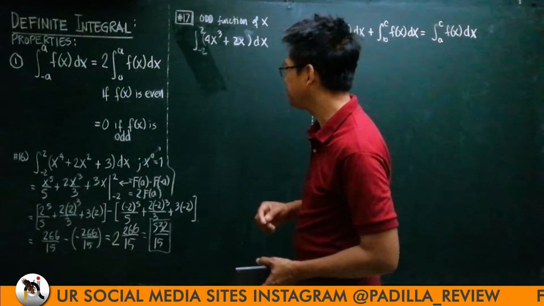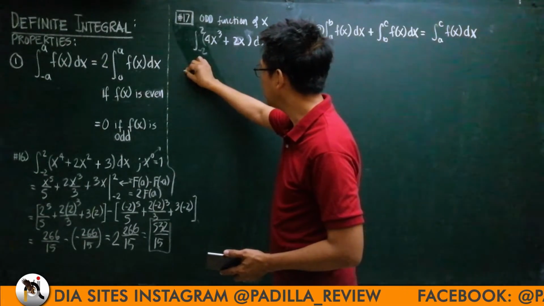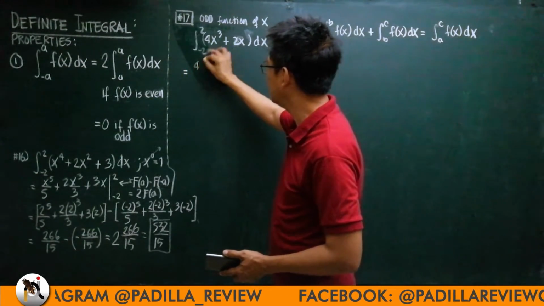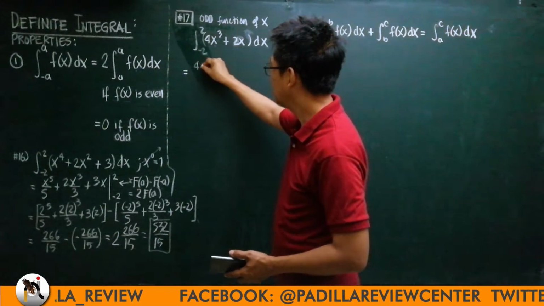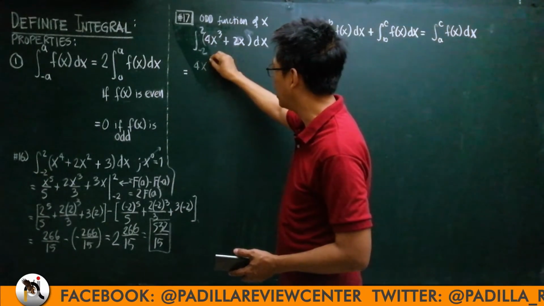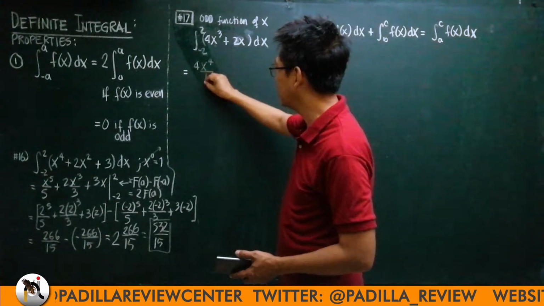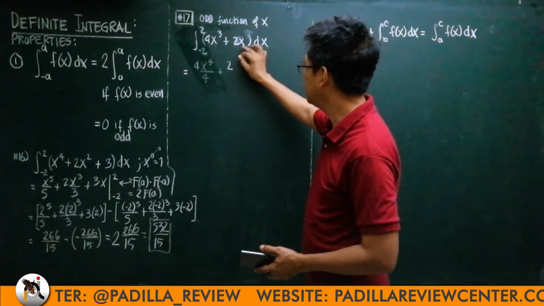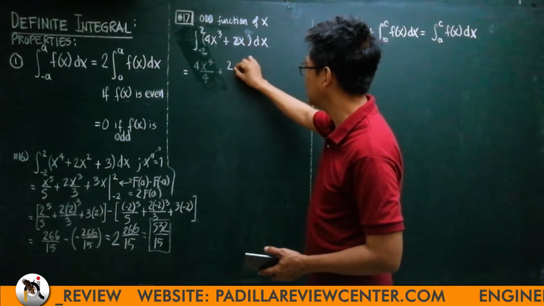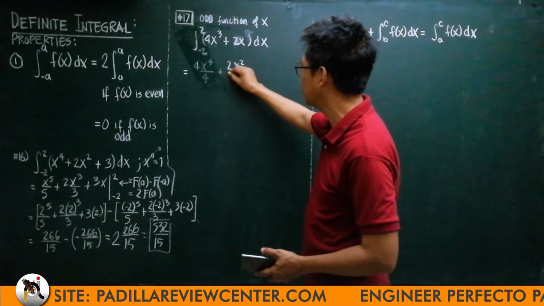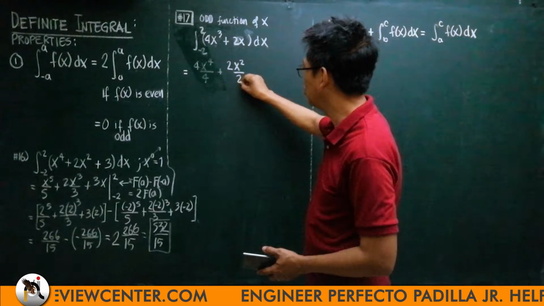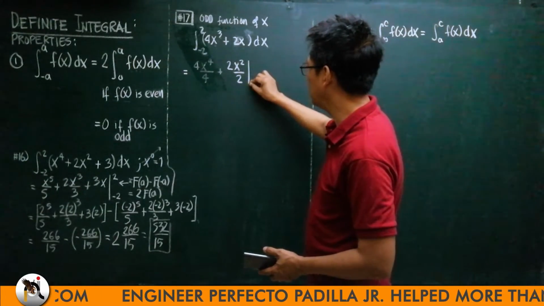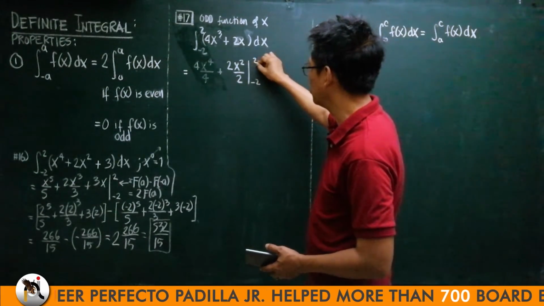Look. If we integrate this, this would be 4 integral of x cubed. That is x to the 3 plus 1, 4 over 4. Plus 2, integral of x to the 1 is x to the 1 plus 1, 2 over 2. So, this must be evaluated from minus 2 to 2.